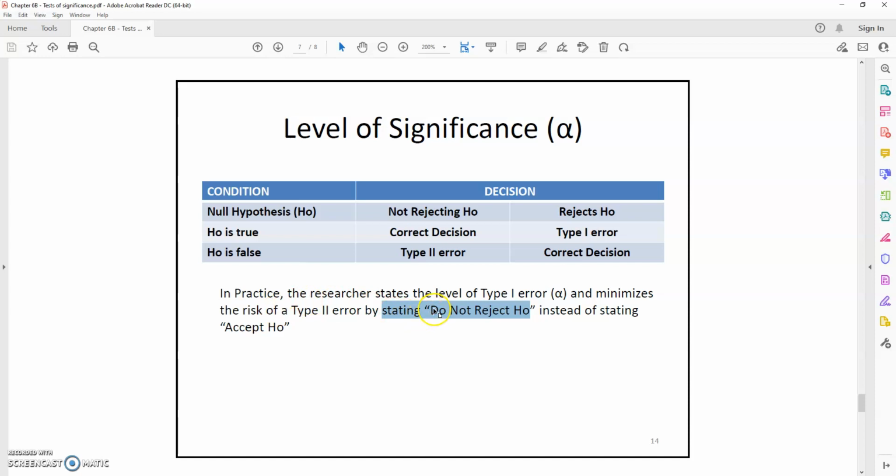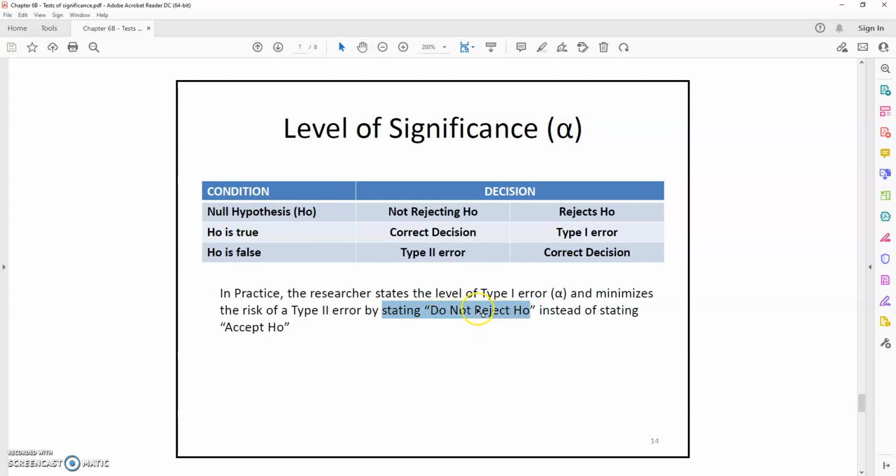So generally, what we say, just like in a court of law, a judge doesn't say innocent, which is basically saying that the null hypothesis is good. He doesn't say innocent. The judge is going to say not guilty, basically because if there were more evidence, if someone did a better job of presenting the evidence, the decision might be different. And the same thing with hypothesis testing. Our decisions will always be to reject the null hypothesis or not reject the null hypothesis.